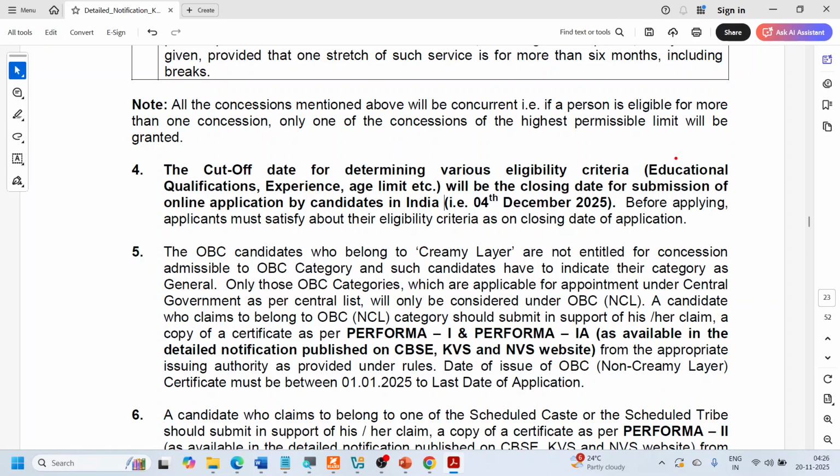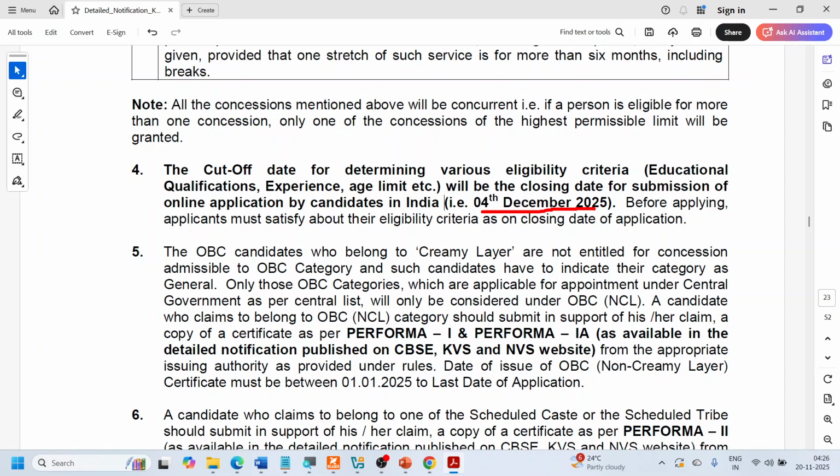Your caste certificate, your income certificate, your category certificate, all of them must be dated on or before December 4th. If you get your caste certificate, or any other certificate, after December 4th, that is the last date of applying for this post, you will be disqualified.